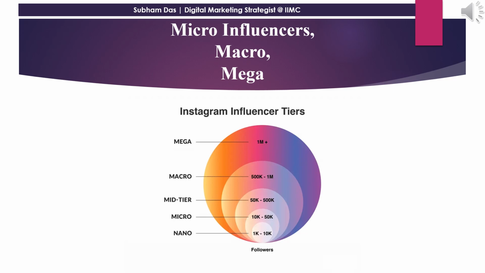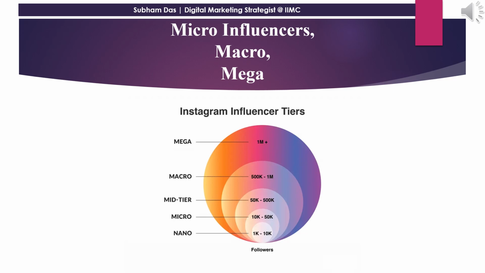Then here you have a meter scale. Next, you have something called macro influencers. These are people who have between 100,000 and 1 million followers on Instagram, and beyond 1 million is called mega influencers or celebrities.